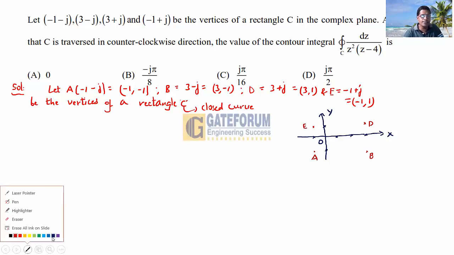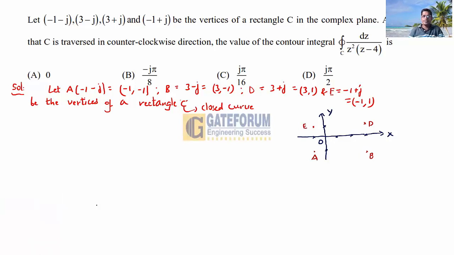You will be getting this rough sketch of the diagram.